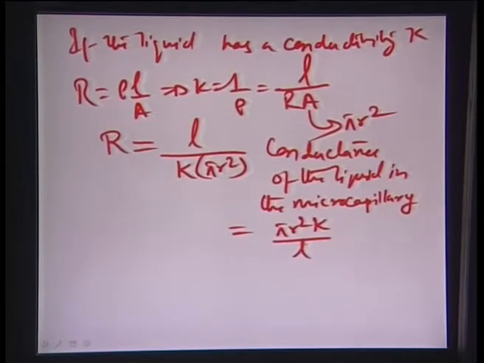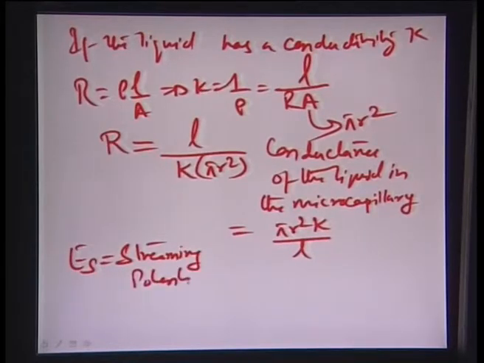So, the streaming potential E_s developed because of this current, and current is formulated by the motion of the charge across the double layer, is given by I times L by pi r square k.